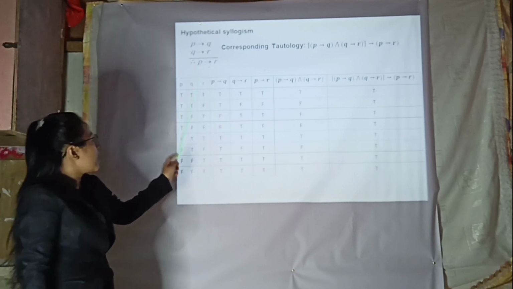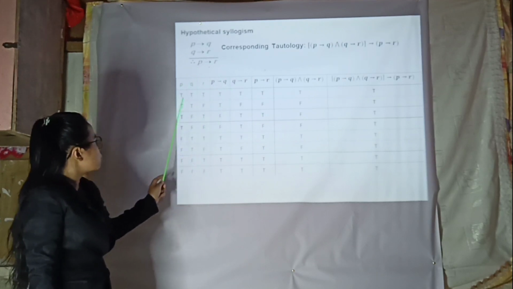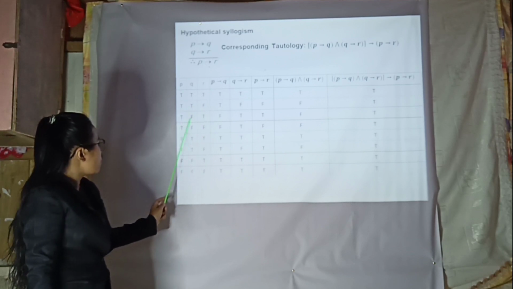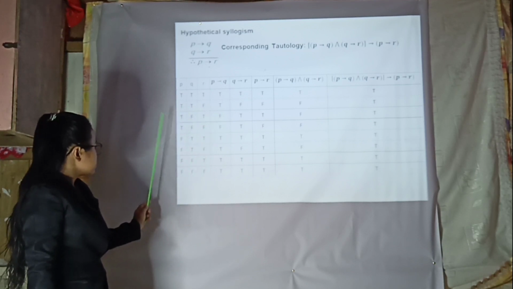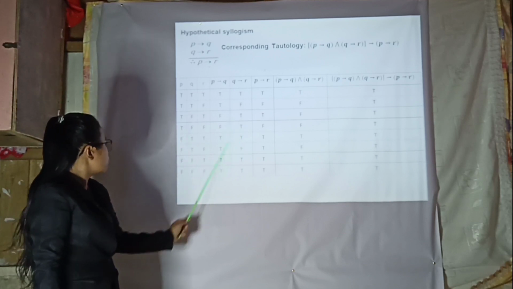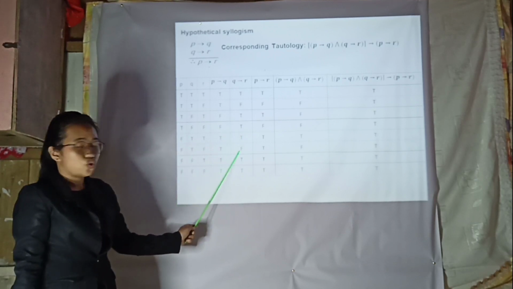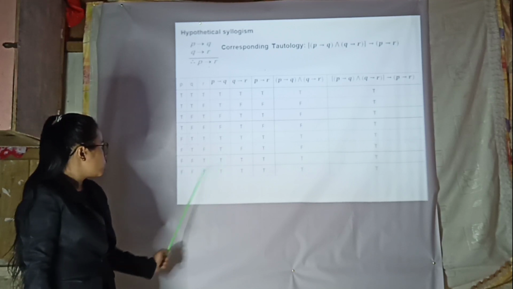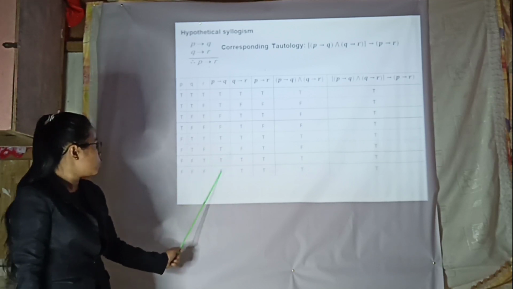So, if P then Q, so true, true, true, true, true, true, true, false, false, true, false, false, false, true, true, false, true, true, true. So, false, false, true.